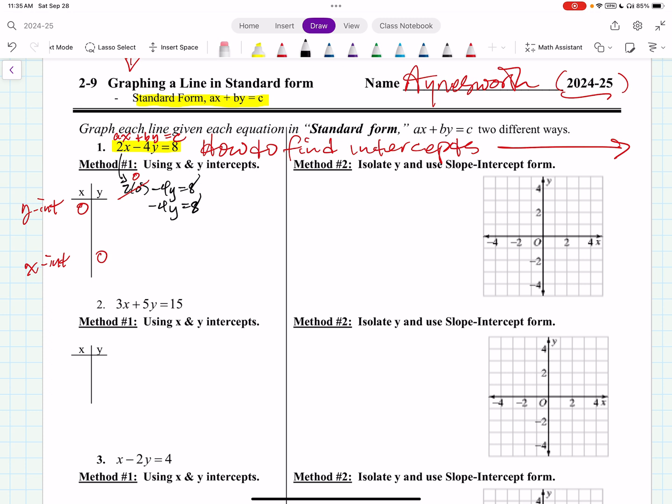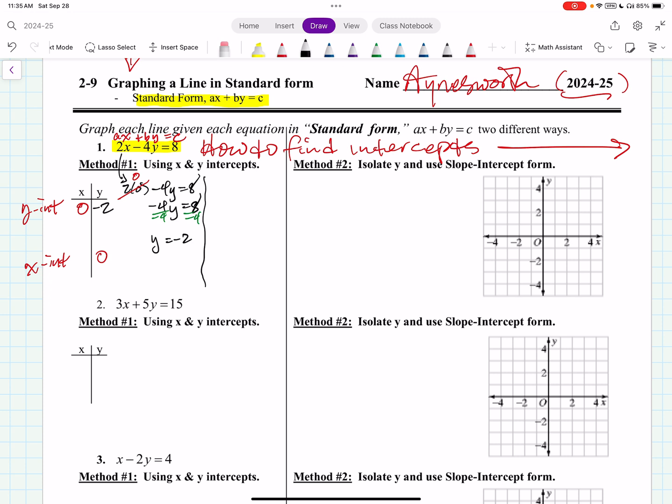Negative 4 times negative 2 is 8, so y is negative 2. If you need to show some thinking, you can divide by negative 4. 8 divided by negative 4 is still negative 2, and that's called the y-intercept.